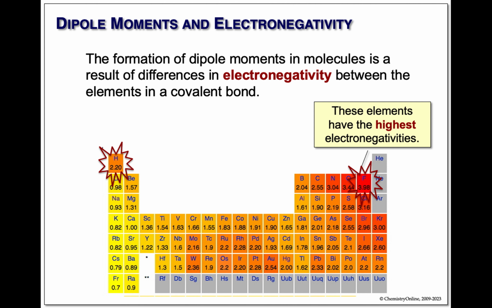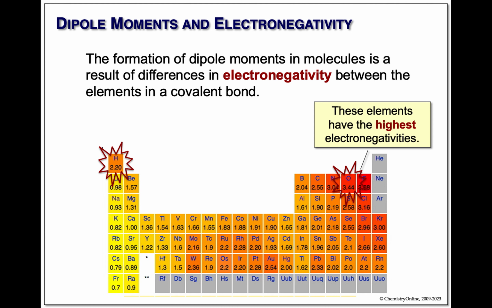Simple concept. But in this chapter, we're talking about water, aren't we? Well, water is a bond between hydrogen and oxygen. Oxygen is almost as electronegative as fluorine. The prediction here is that the hydrogen-oxygen bond will also be highly polarized.